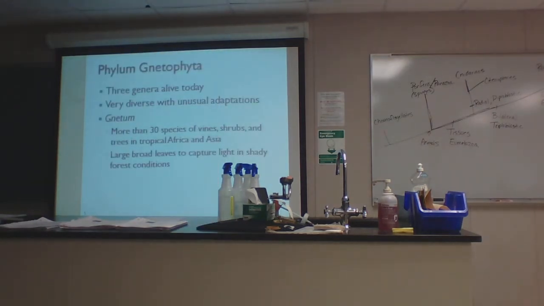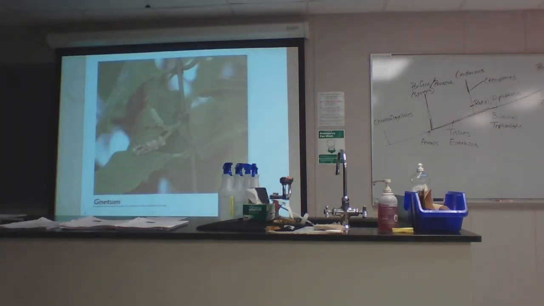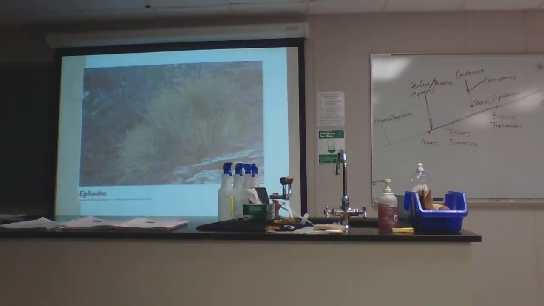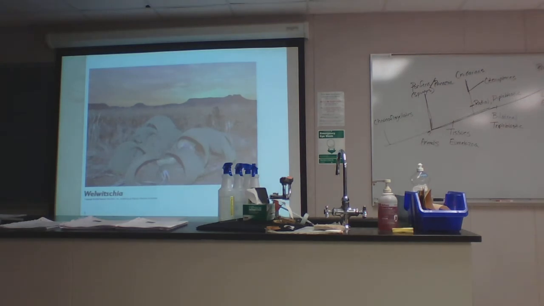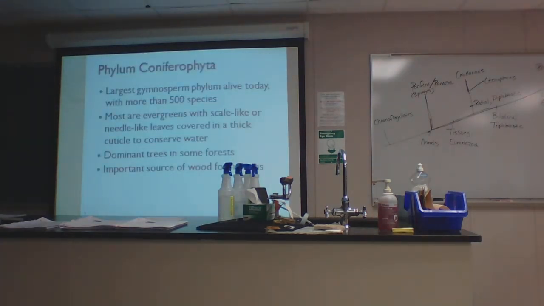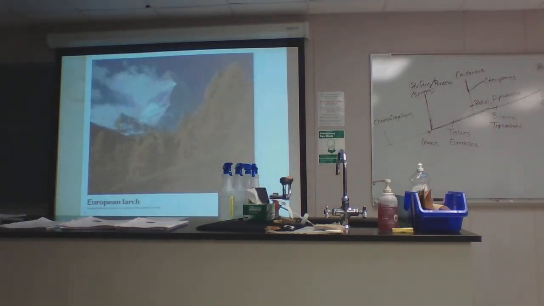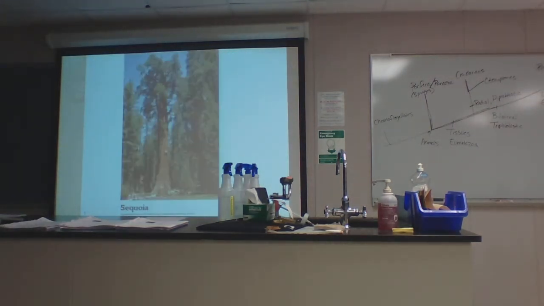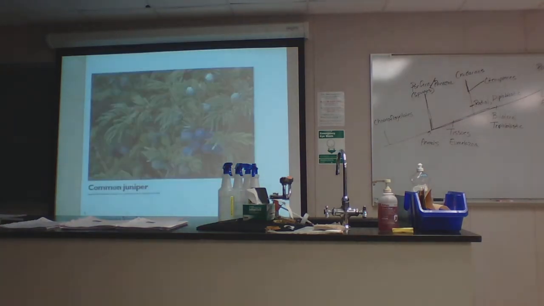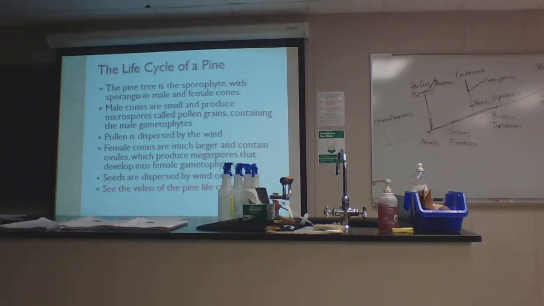Those are those weird plants, the gnetum, the ephedra, and the welwitschia. And then we have the conifers, and those are the gymnosperms that you are probably most familiar with, like pine trees and stuff. So, pine trees, fir trees, spruce trees, all those kind of things. Redwoods, that kind of thing.